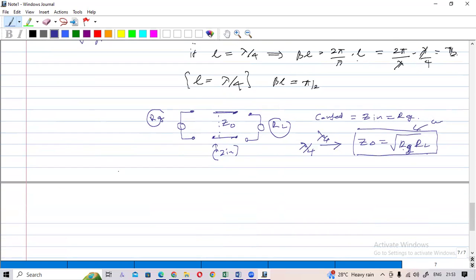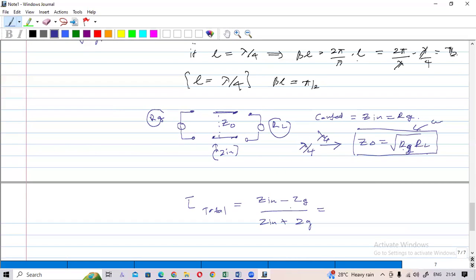Now tell me, what is the value of the overall reflection at this time? You may remember the reflection is defined as Z in minus ZG over Z in plus ZG.